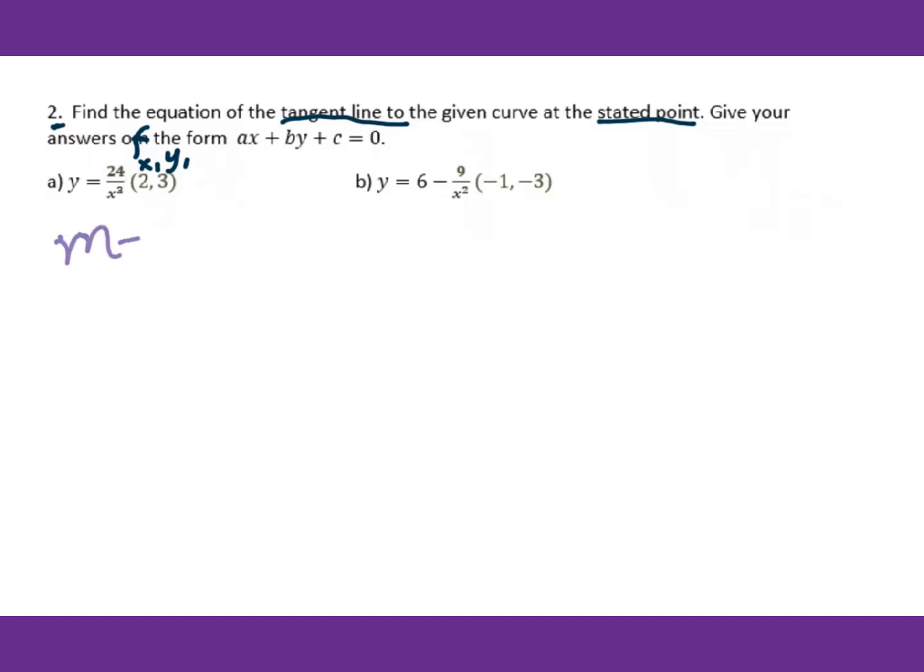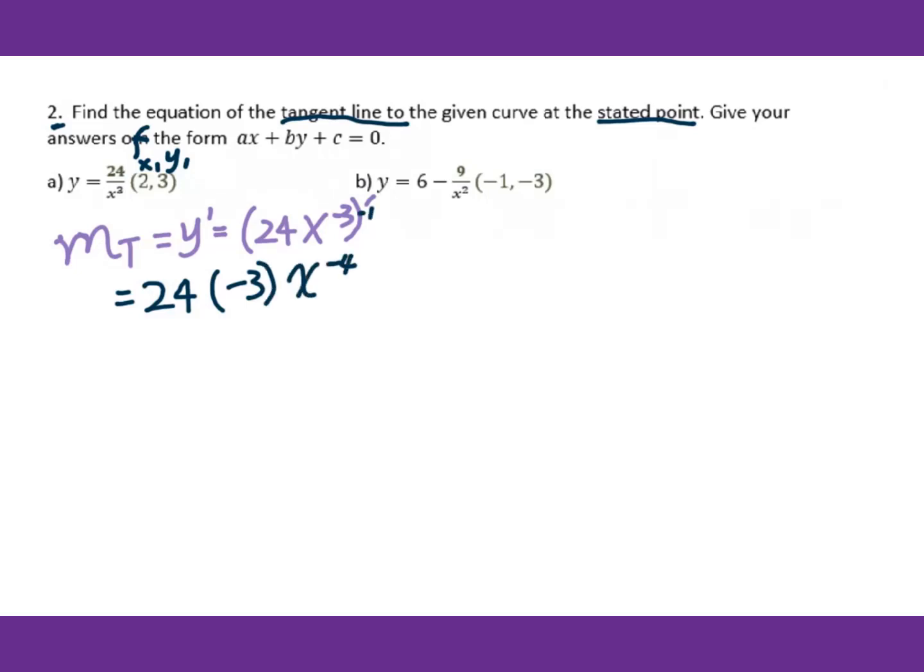That is the derivative. So we get 24x to the negative third power. Do the derivative. You will get 24, drop down minus 1. Minus 1, that will be x to the negative fourth power. So we have negative 72 over x to the fourth power.